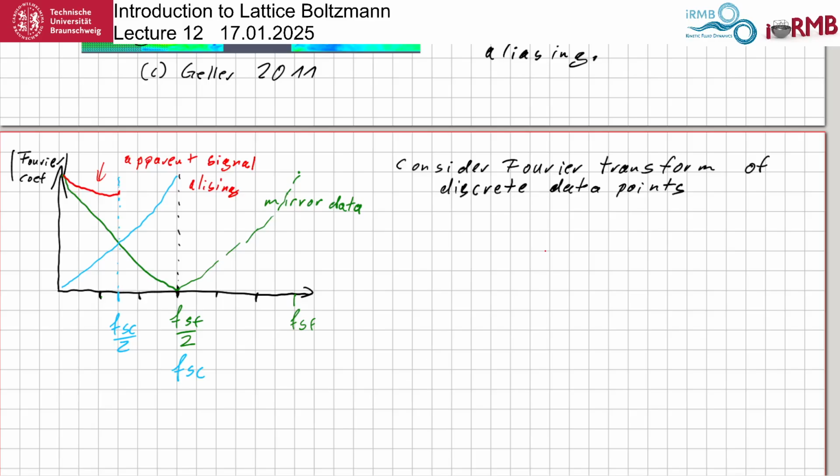This will all work very fine if you, for example, have a laminar flow where you have no high frequency data, then you can do the transfer and you will probably be fine.